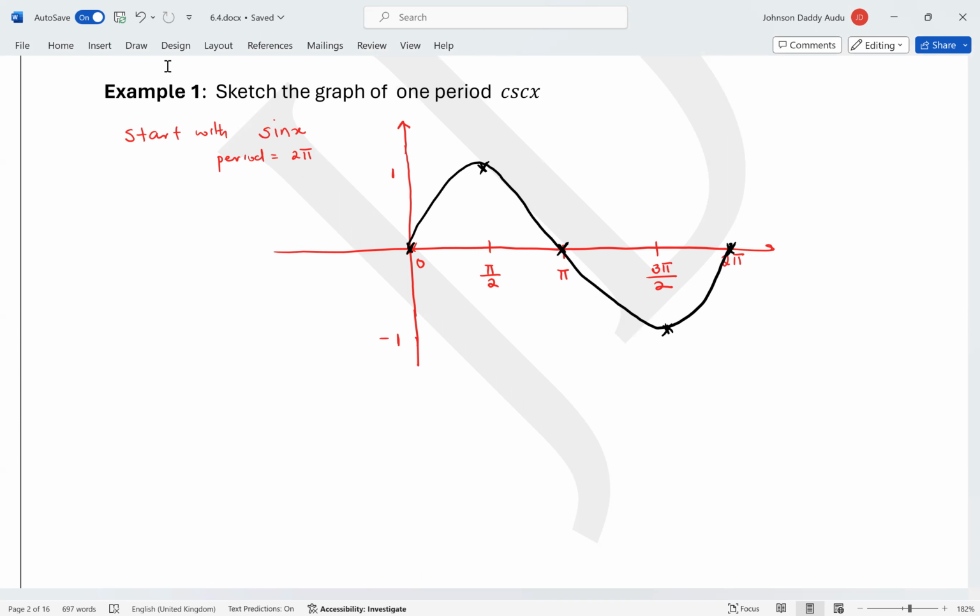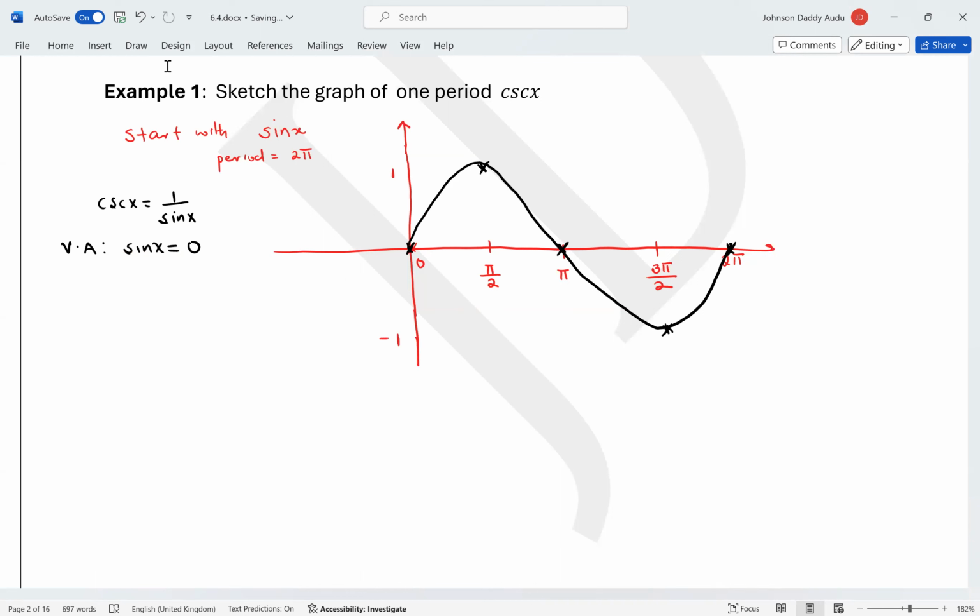But we are not interested in the graph of sine x, but the graph of cosec x. But what is cosec x? We know that cosec x is the same thing as 1 over sine x. So it means you have a vertical asymptote where sine x is equal to 0, right? Anywhere sine x is 0, you have a vertical asymptote at that point.